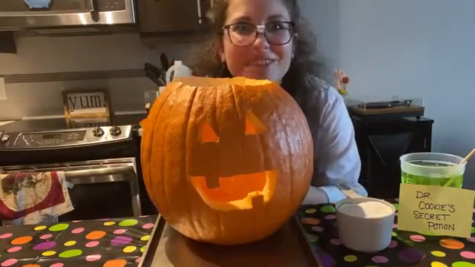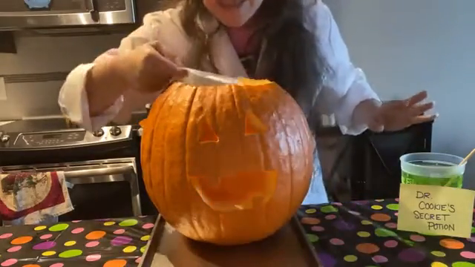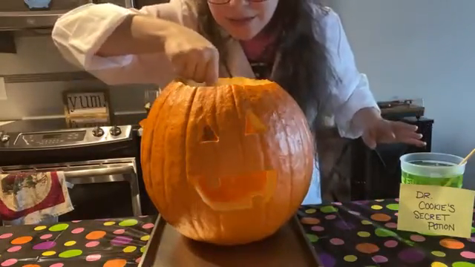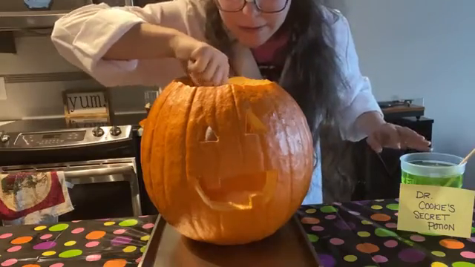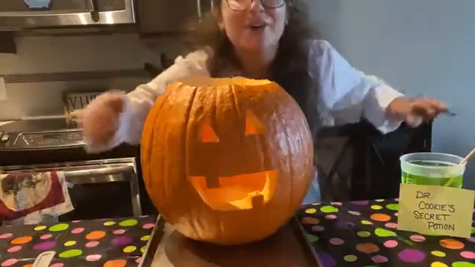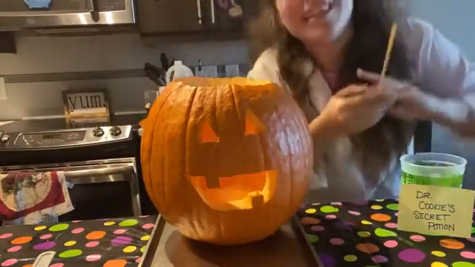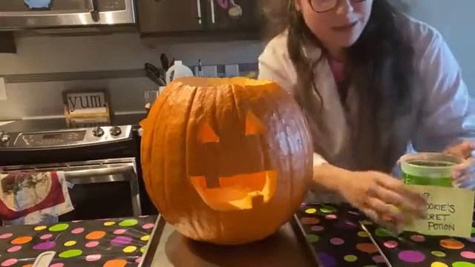Let's see Fred erupt. All right, you're going to pour your baking soda in. Just want a big pile right in the middle of Fred. Fred said, "Thank you for feeding me."